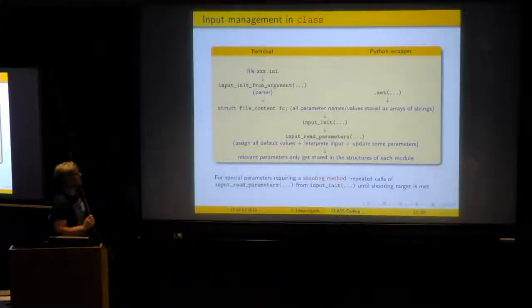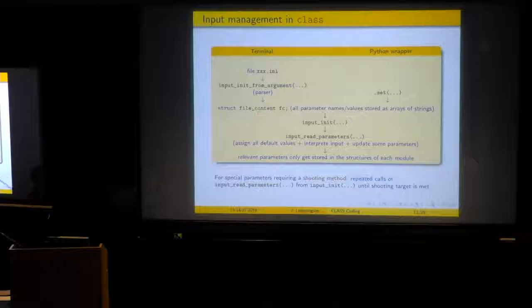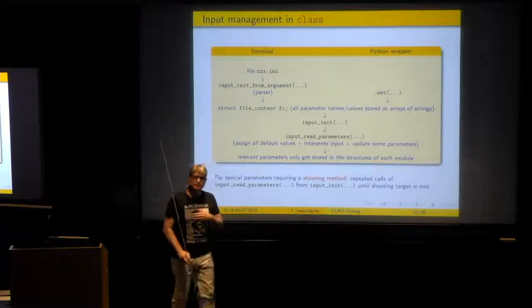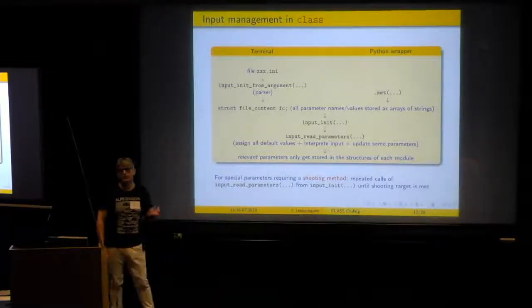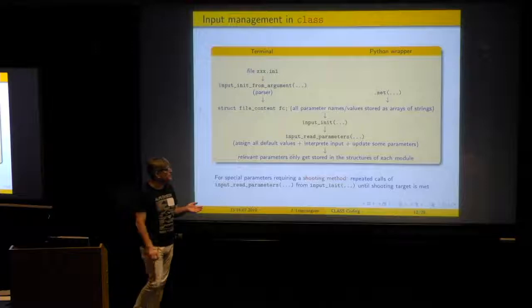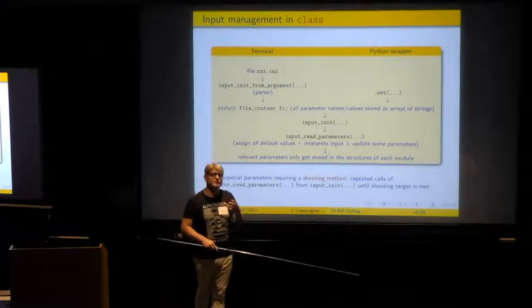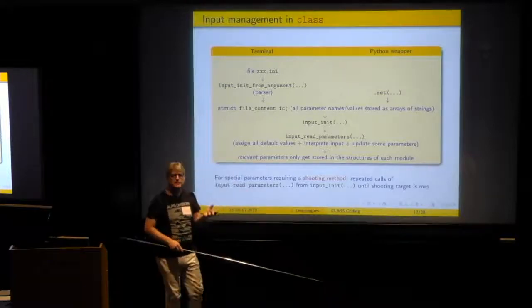Input_init must call a few functions, and in particular, at the beginning, it calls functions that set the default value of all parameters. All parameters are assigned a default value here, which can then be overwritten if the parameter has been passed by the user.